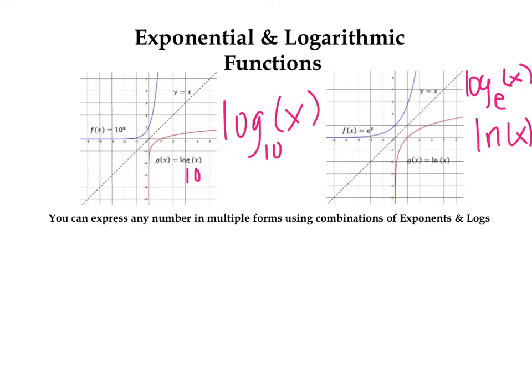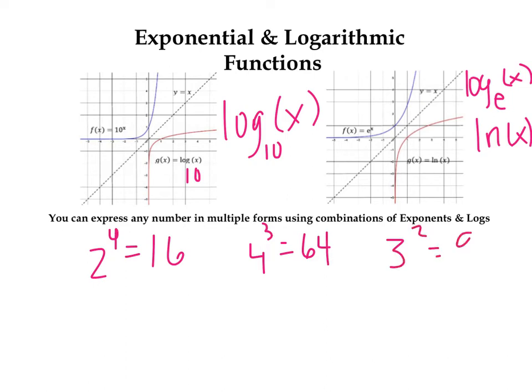And the two most common bases are 10 and e for natural log. So you can actually express it in more than those two bases, right? We can talk about 2 to the fourth being 16. We can talk about where 2 is your base. We can say 4 cubed is 64. We can say 3 squared is 9, right?